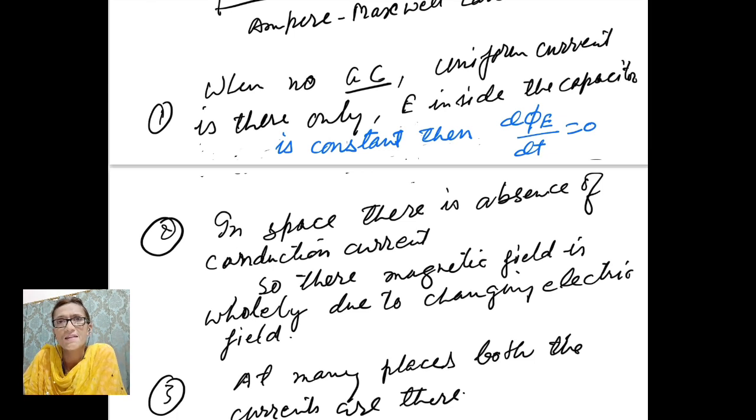So you can consider that a magnetic field can be created in two ways. One is by electric current and another is by a changing electric field.